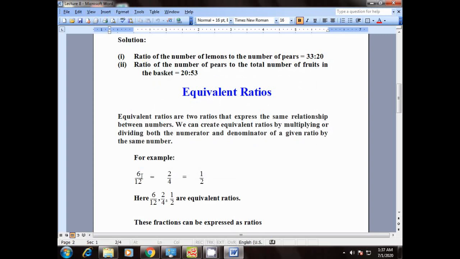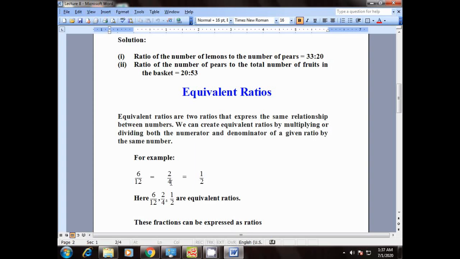Now 3 divides both numerator and denominator. 3 times 2, 6. 3 times 4, 12. Now 2 upon 4 is the simplest form of 6 upon 12. We can say that 2 upon 4 and 6 upon 12 both are equivalent ratios. Further, we can divide this fraction 2 divided by 4 by a constant number 2.